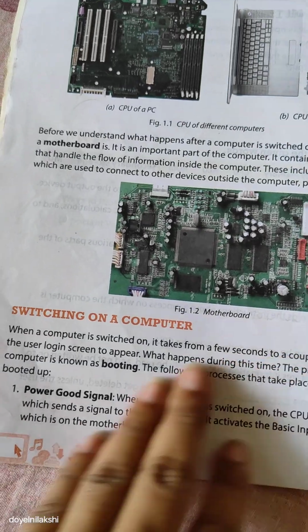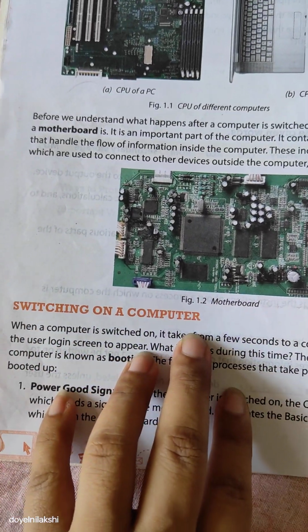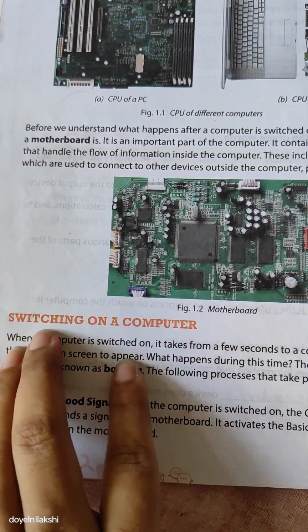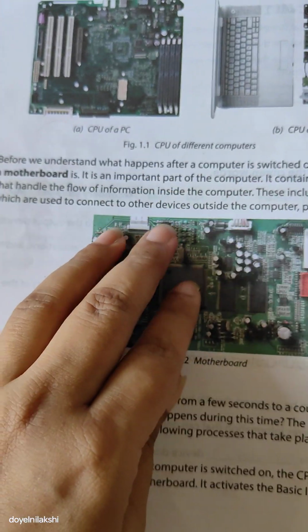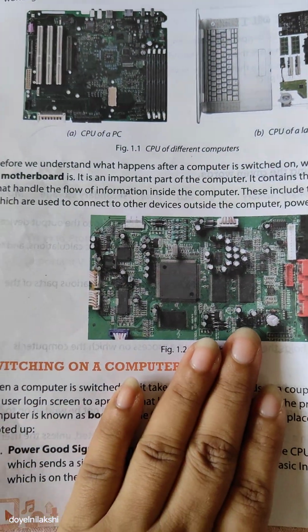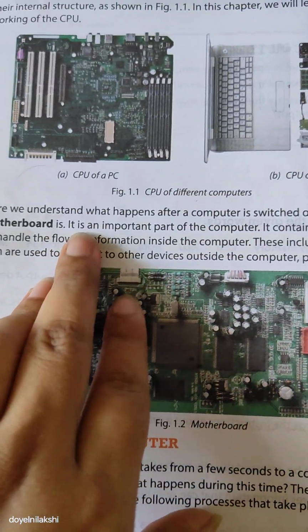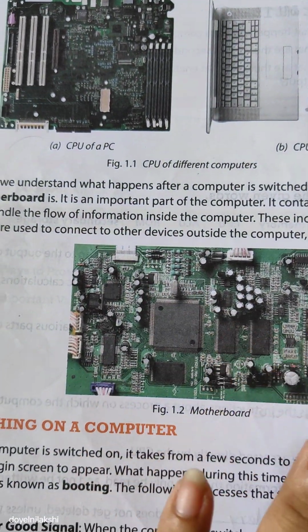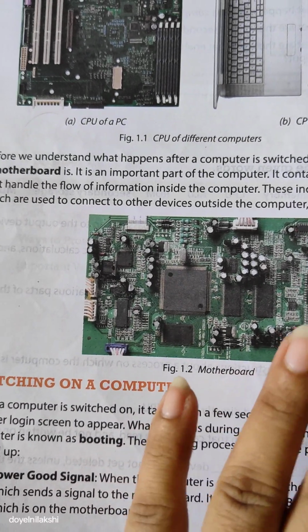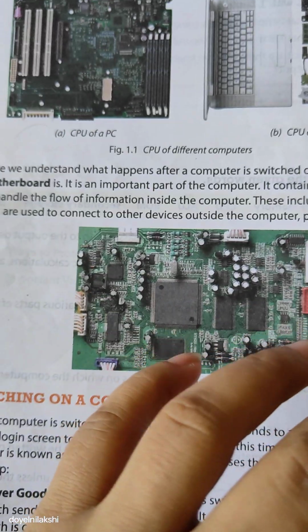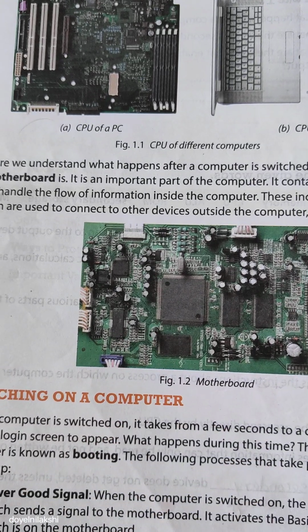That means our next topic is switching on a computer. So before starting with this topic, we need to know about the motherboard. What is a motherboard? Motherboard is an important part of the computer. It contains various components and it controls the flow of information.